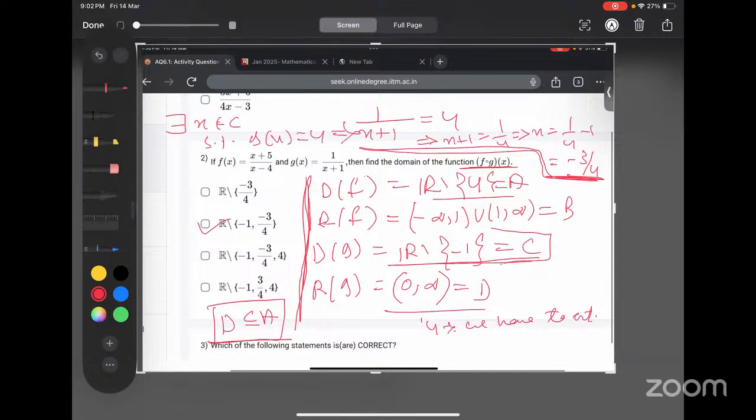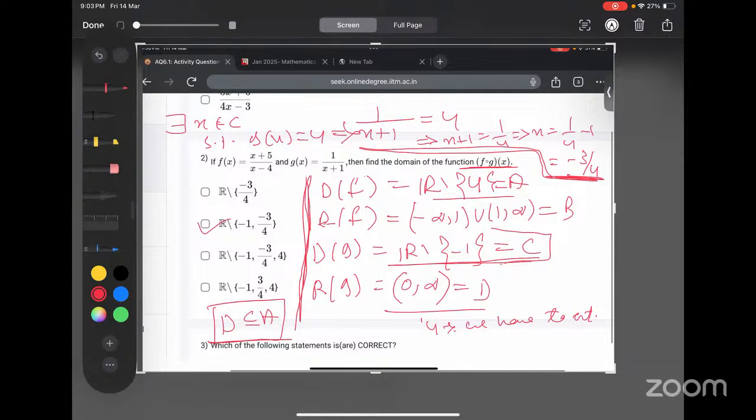If we solve this equation, we find the value of X, which is minus 3 by 4. That means if we exclude the point minus 3 by 4 from the domain, then we can find the domain of this. Is it fine?